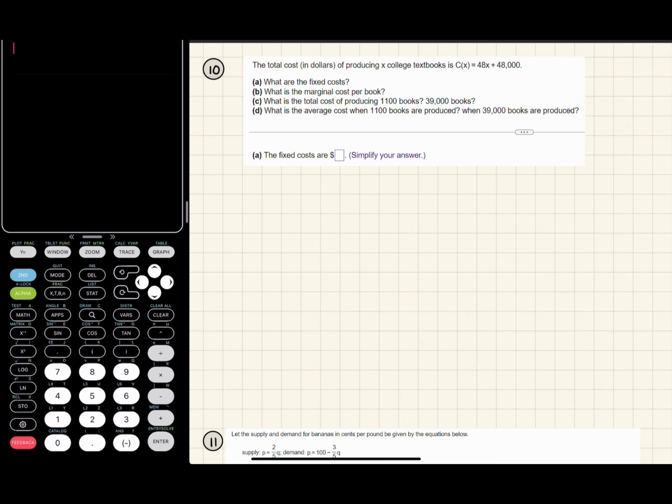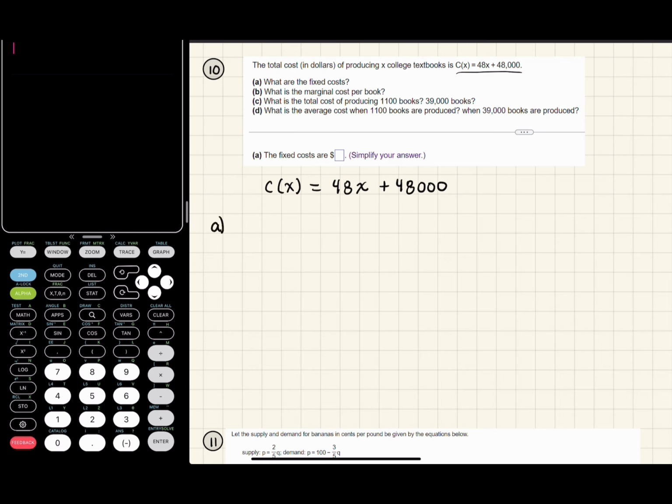So, total cost is 48 times X plus 48,000. Total cost of producing X number of textbooks. Part A wants us to find the fixed costs.